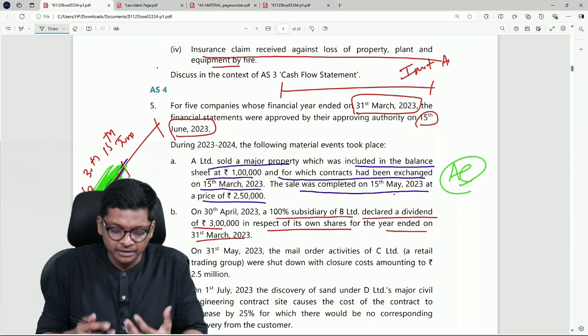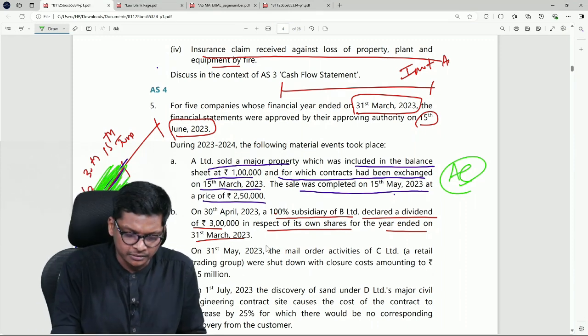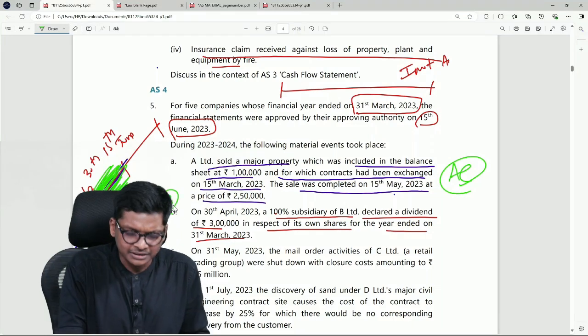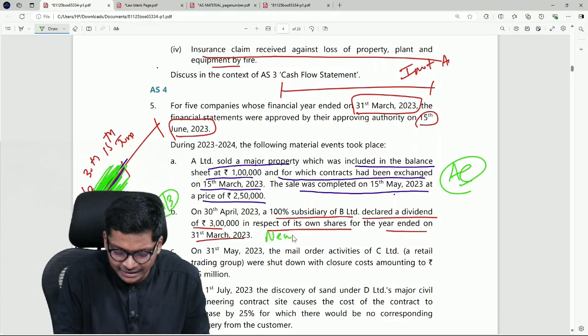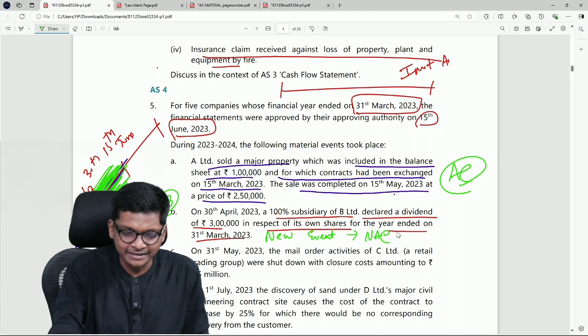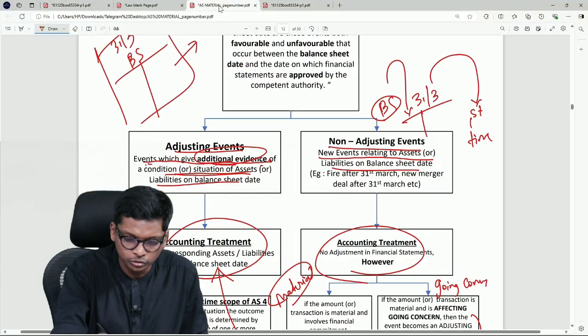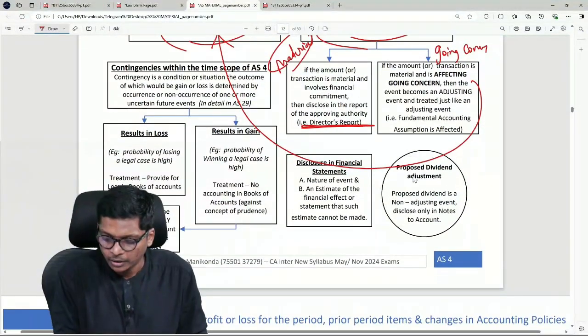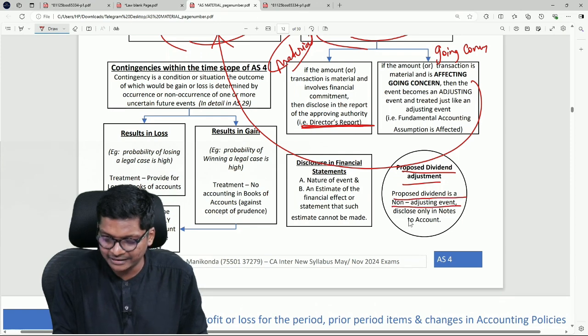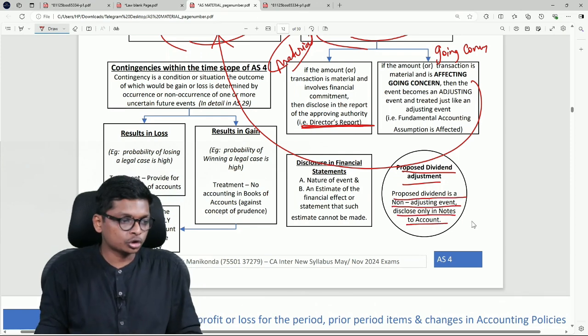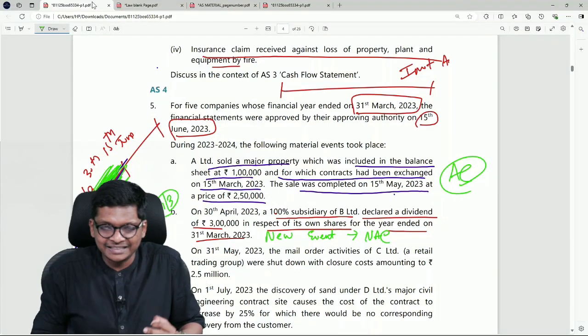They declared a dividend. But during the year up to 31st March, did you know a dividend would be declared? No. It's a completely new event. Therefore, it is a non-adjusting event. That is what is there in our notes also. Look at this. Down we have the proposed dividend adjustment. Proposed dividend is a non-adjusting event disclosed only in notes to accounts, so that shareholders are at least aware of this.